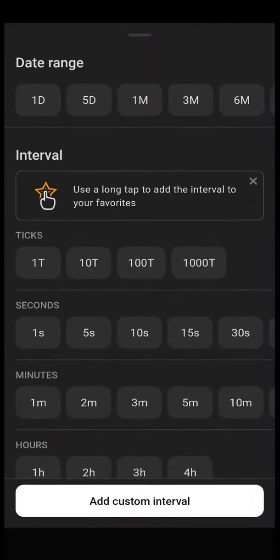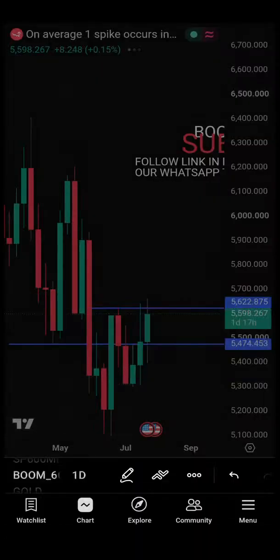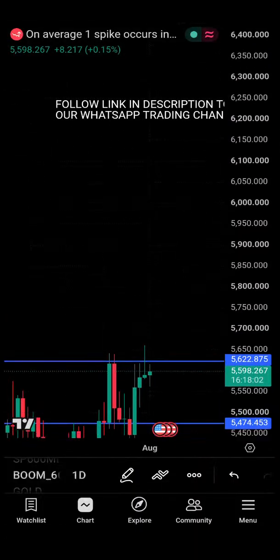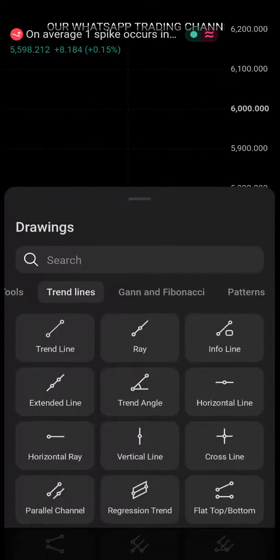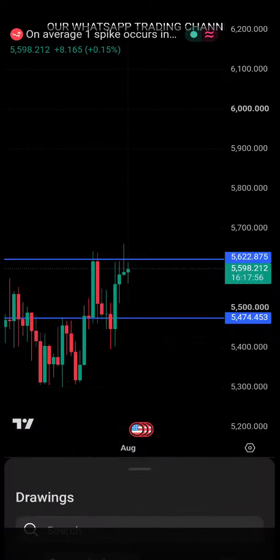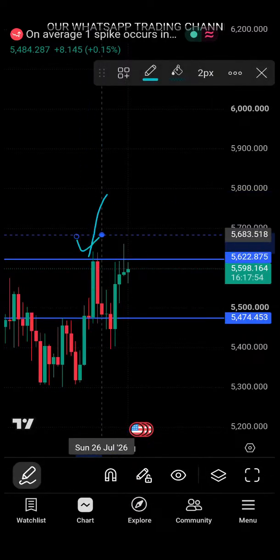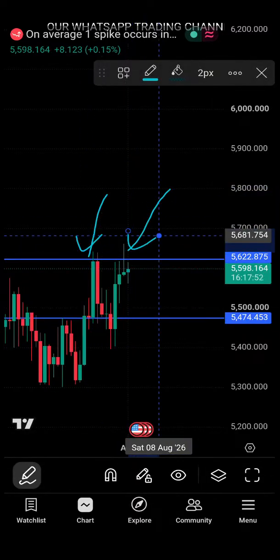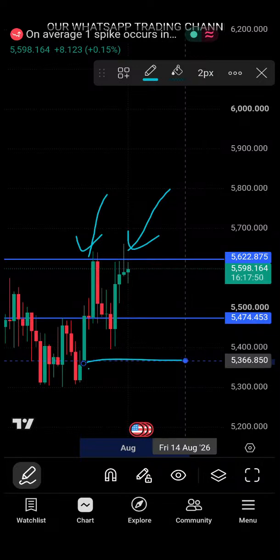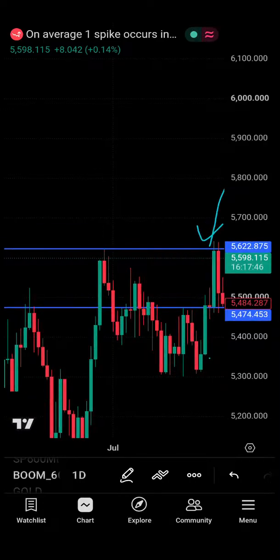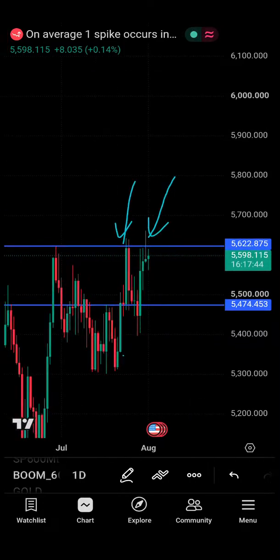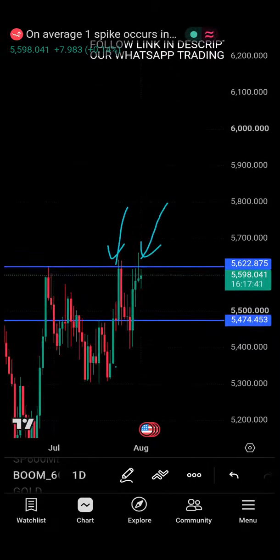Let's move to the daily time frame. You can see that the market is busy testing this area, and this area is very strong, guys.